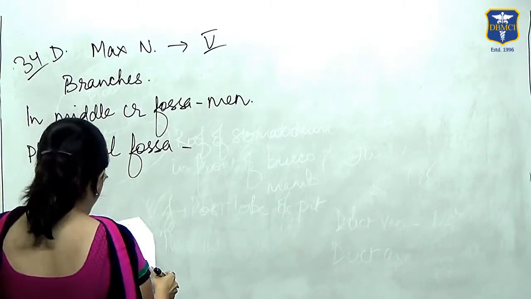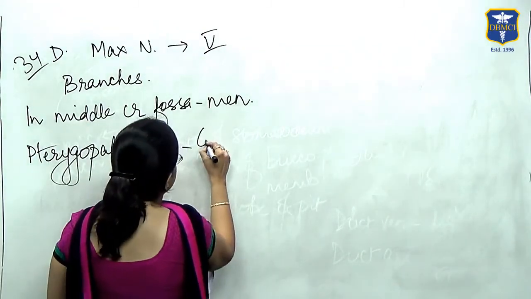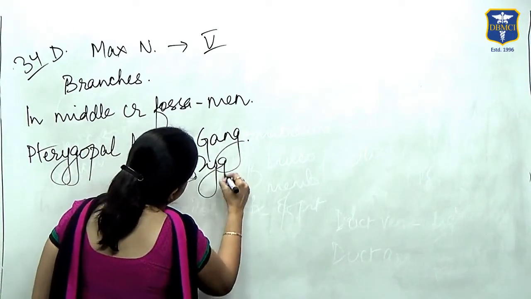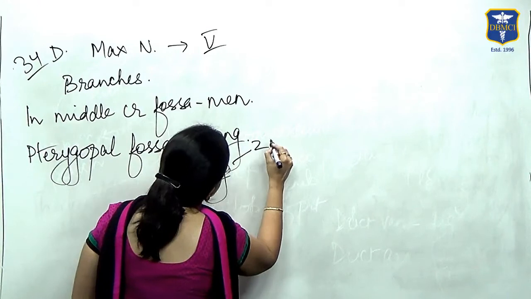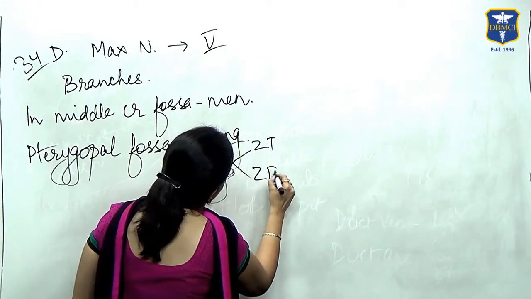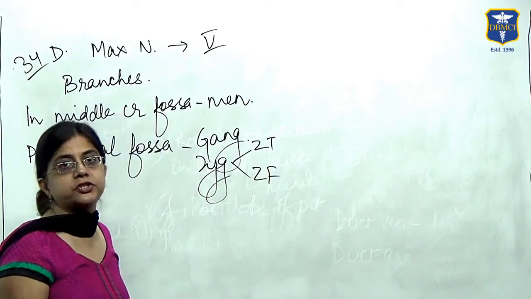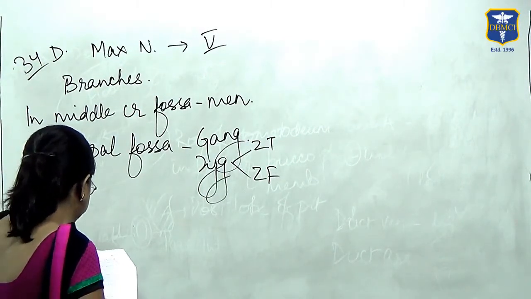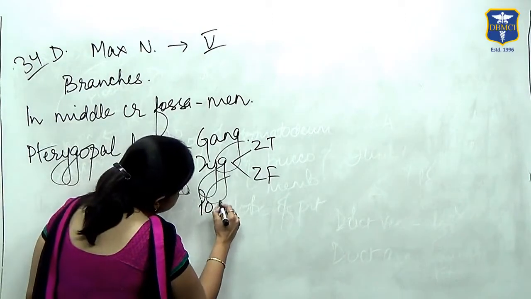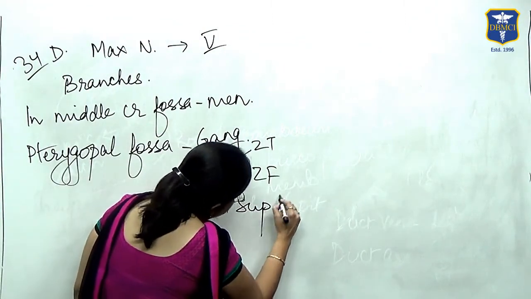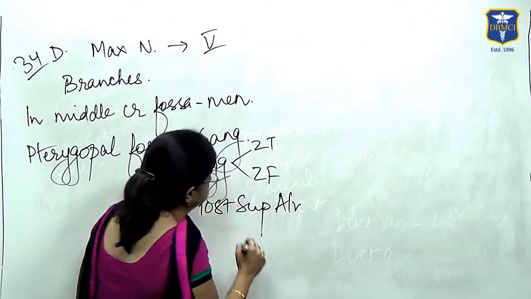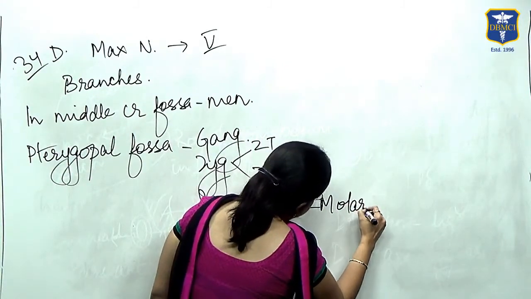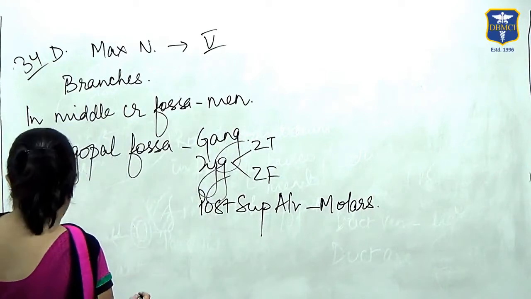In the pterygopalatine fossa, it gives the ganglionic branches, the zygomatic branch, which will further divide into zygomatico-temporal and zygomatico-facial nerves. Then it gives the posterior superior alveolar nerve. This will supply the molars.